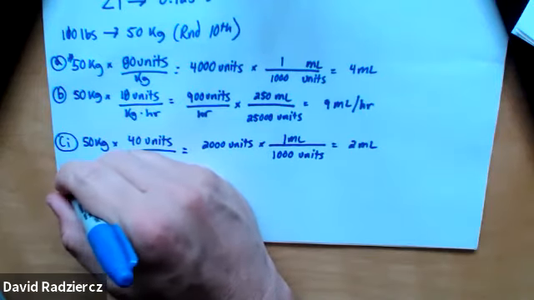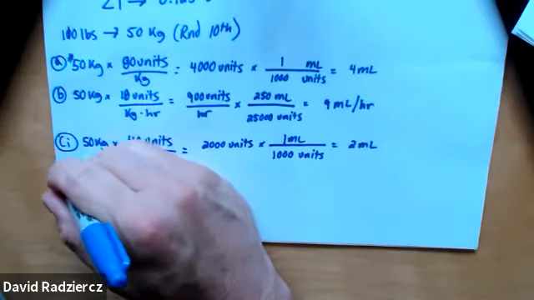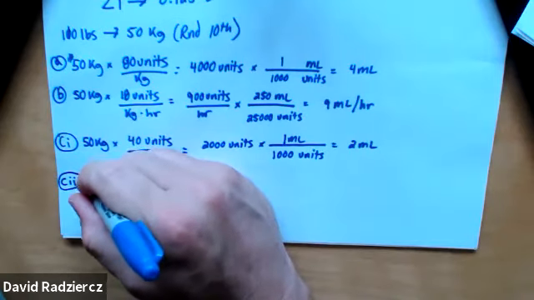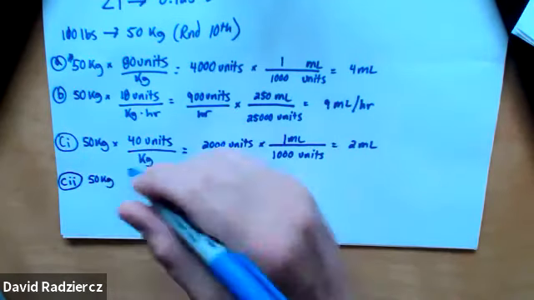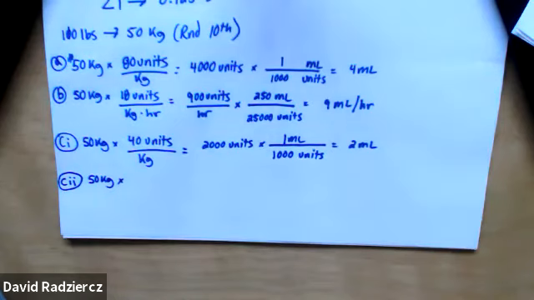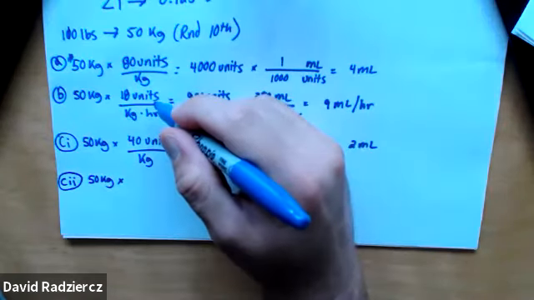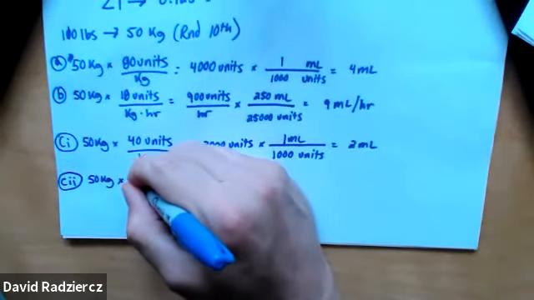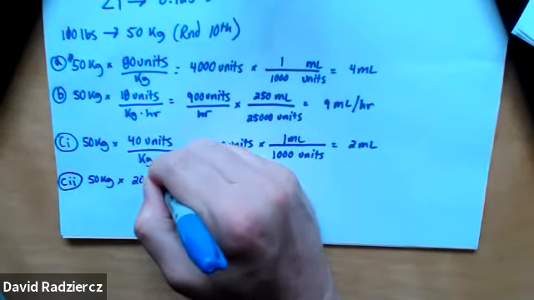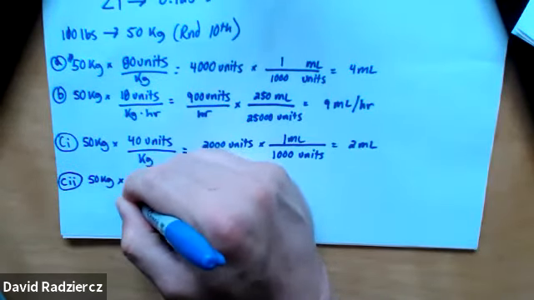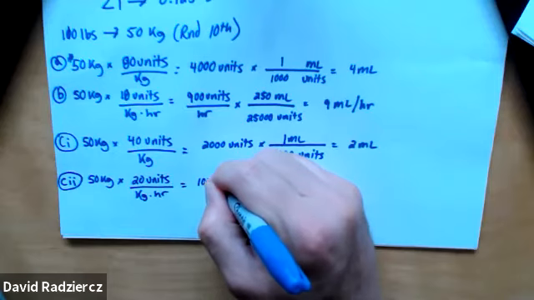So for the flow rate question, for C2, same patient weight, it told us to increase the flow rate by 2 units per kilogram per hour. Our starting is 18, so our new is 20 units per kilogram per hour. That gives us 1,000 units per hour.